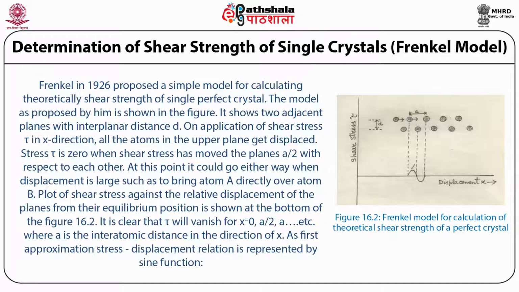It shows two adjacent planes with interplanar distance d. On application of shear stress tau in x direction, all the atoms in the upper half plane get displaced. Stress tau is 0 when shear stress has moved the planes a by 2 with respect to each other. At this point, it could go either way.